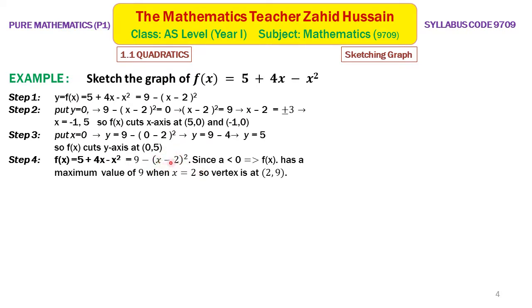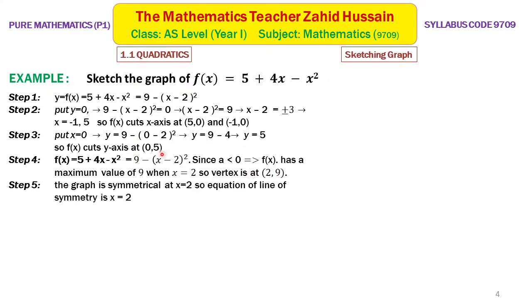Putting x minus 2 equal to 0, we will get x is equal to 2. So the vertex is (2, 9). The coordinates of the vertex are (2, 9) by changing the sign of p and keeping the sign of q as it is.